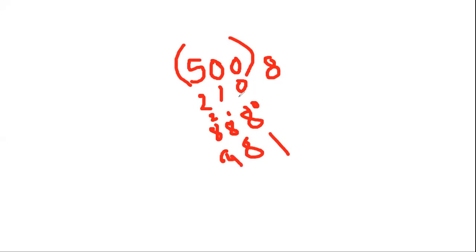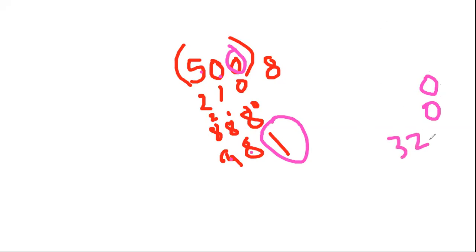Yes? So I have to multiply what is inside my number. So I will multiply 0 with 1. I will get 0. 0 with 8, I will again get 0. Finally, I will multiply 5 with 64. 5 into 64 will give me 320.